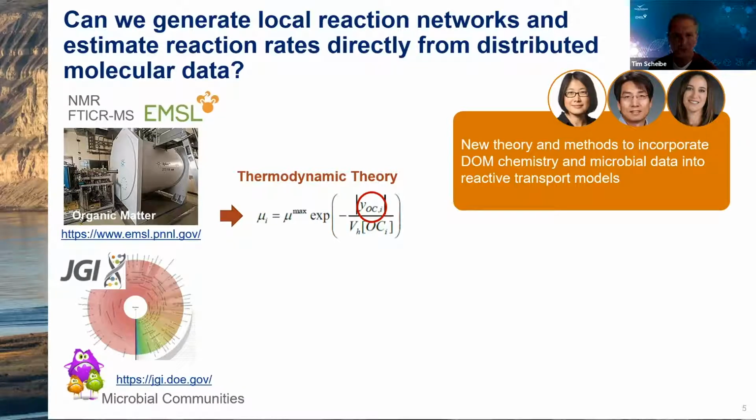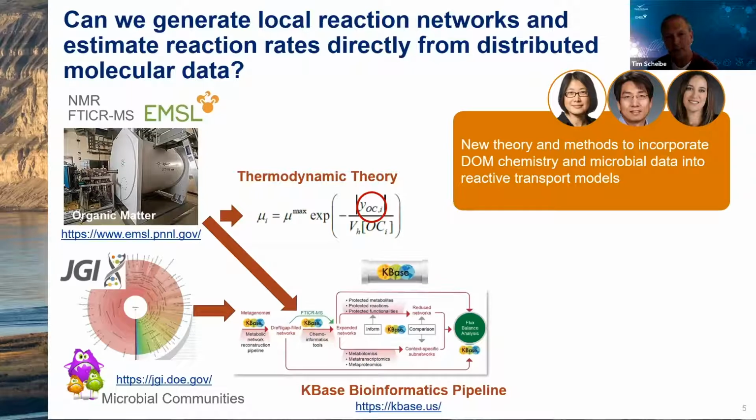And as we learned yesterday, we can also characterize the metagenomic potential of those communities that we observe in those samples using tools developed by Kelly's team and by the Joint Genome Institute. And by putting those together into the K-base system, I think we'll learn more about this tomorrow, we can actually build up detailed reaction networks that describe the metabolic potential of the communities that exist in our systems. And we can do that in a distributed way.